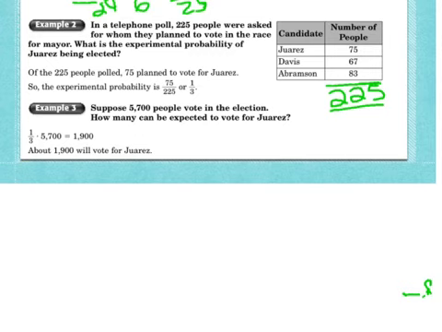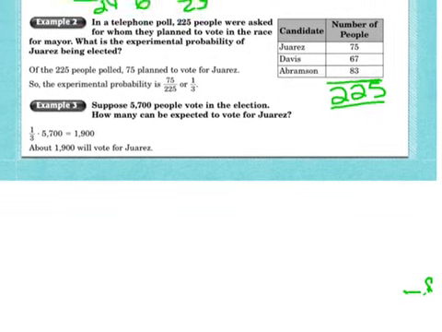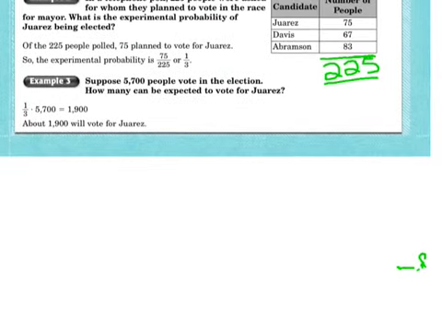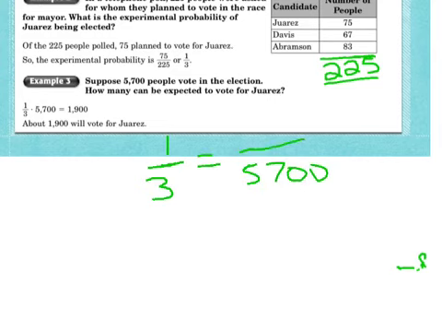Now suppose 5,700 people voted in this election. How many would be expected to vote for Juarez? Well, 1/3 voted for Juarez in the poll of 225 people, and 5,700 people are voting, so we can find 1/3 of 5,700.